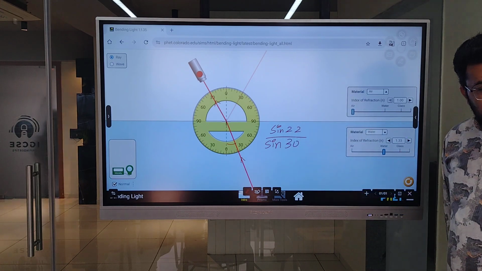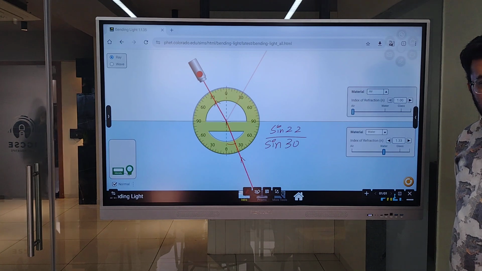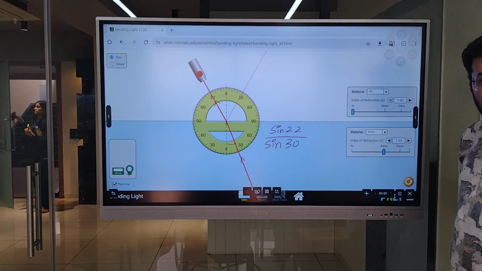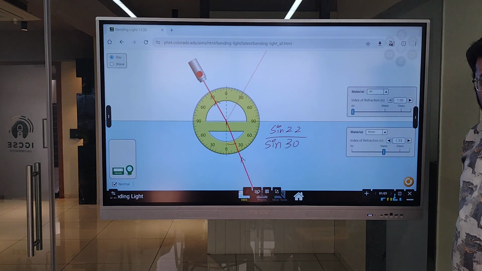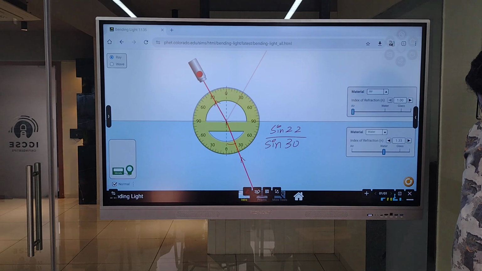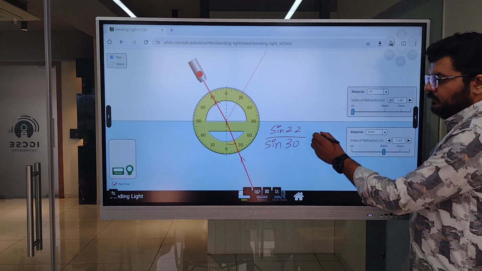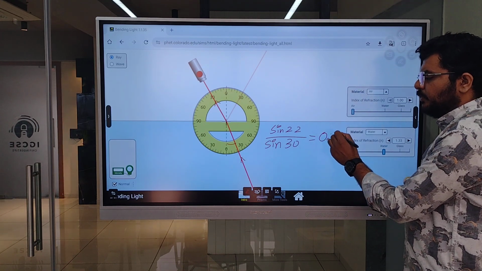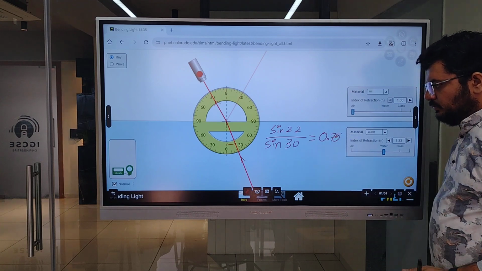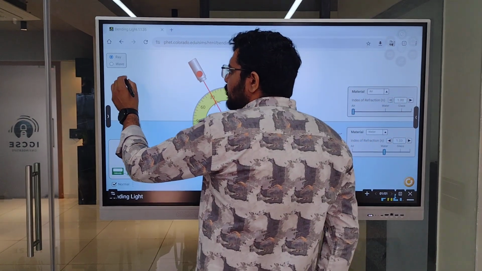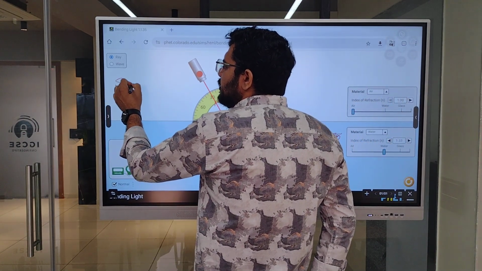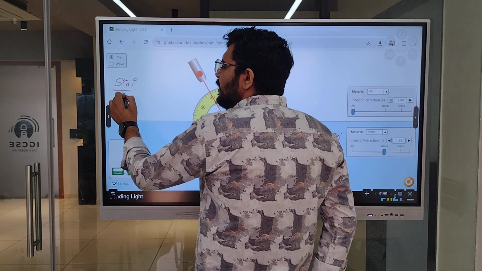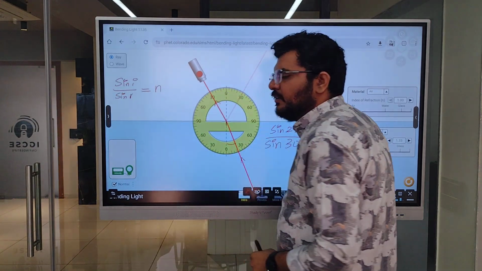What is this? Can you tell me? How much is this value? 0.75. Now, see, I'll do a little bit of mathematics, okay? Sine I upon sine R was equal to n.